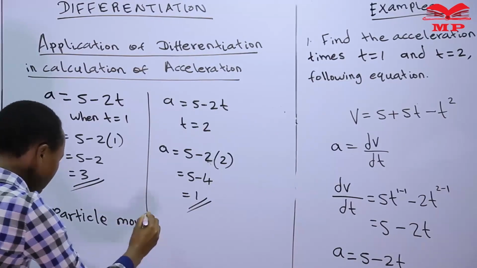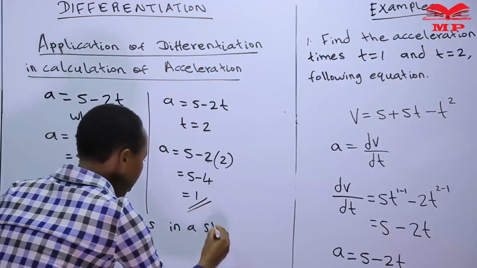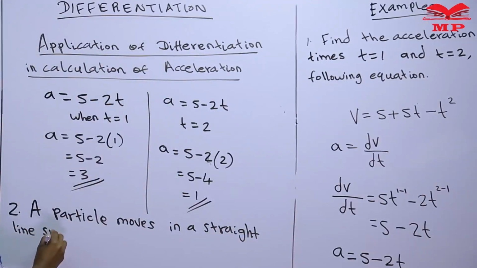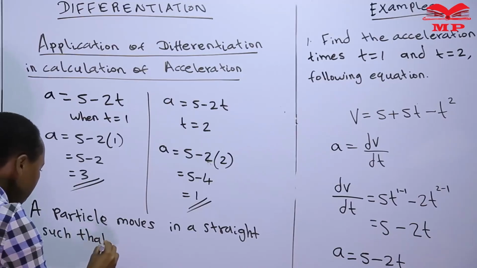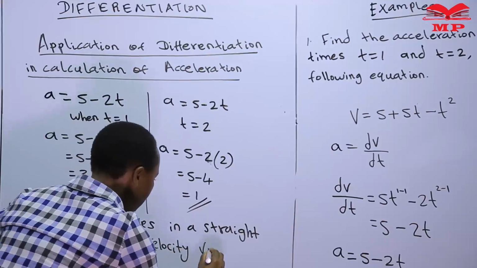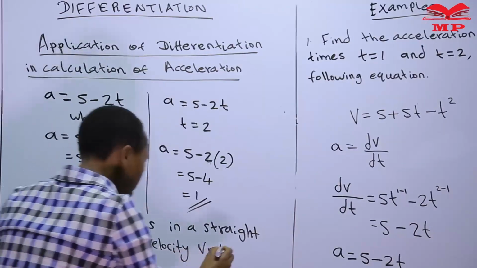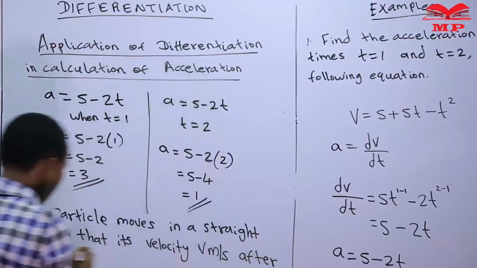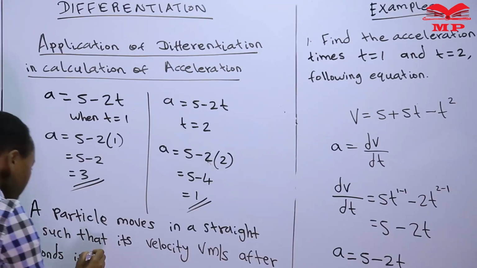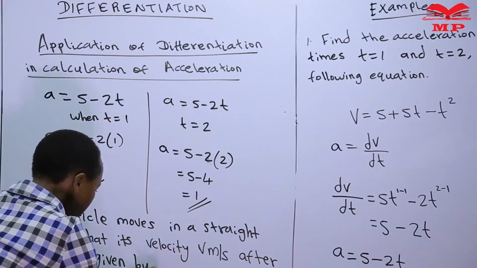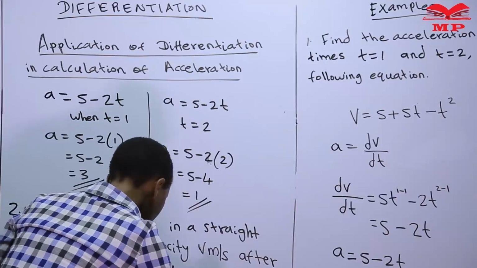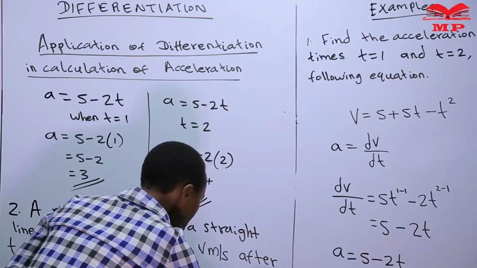A particle moves in a straight line such that its velocity v meters per second after t seconds is given by the following equation. v is equal to 3 plus 10t minus t squared.